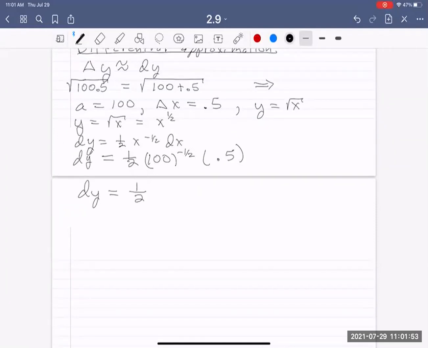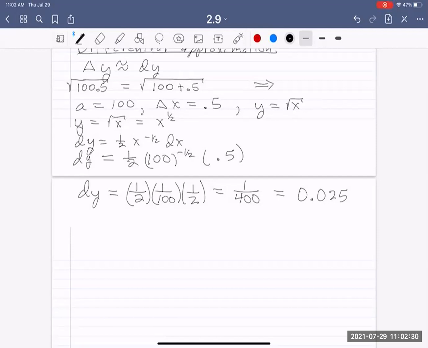The square root of 100 is 10, so 100 to the negative 1/2 is 1/10. And 0.5 is 1/2. So this is equal to 1/400. And so that's 25/1000. Yeah, 0.025.